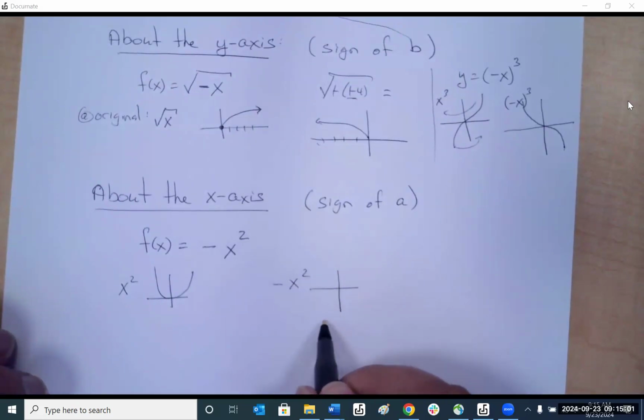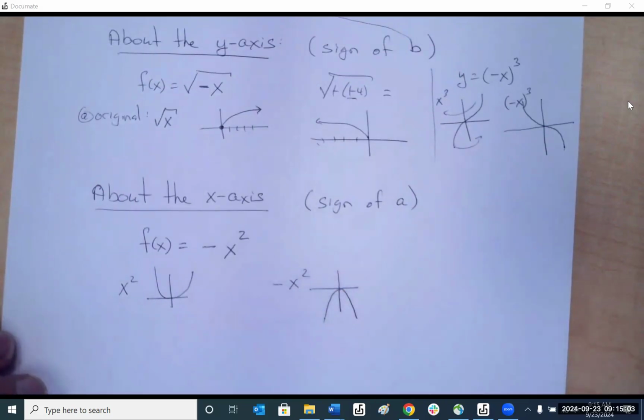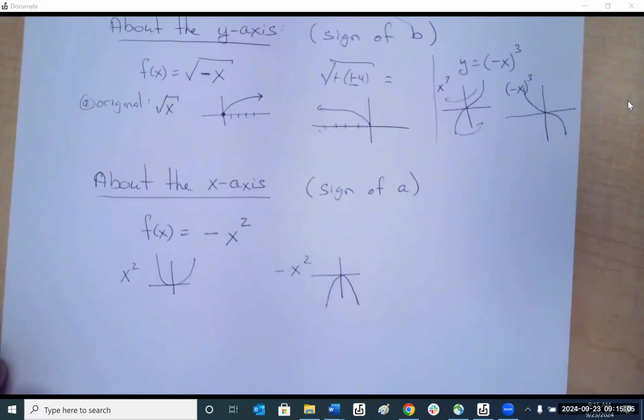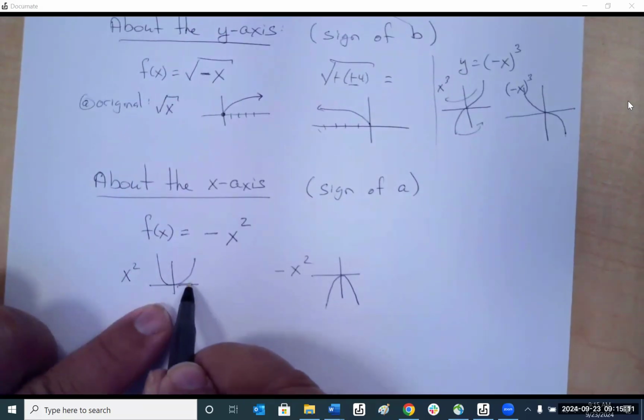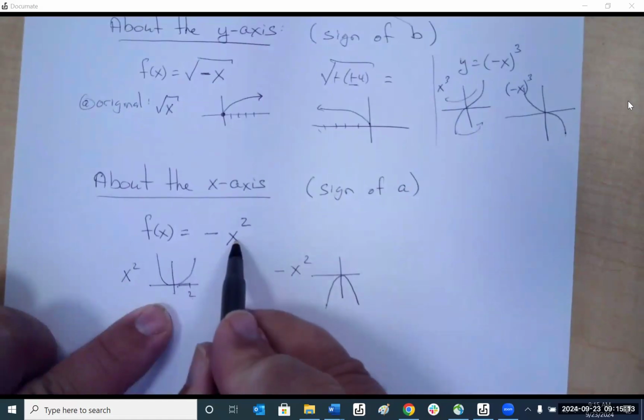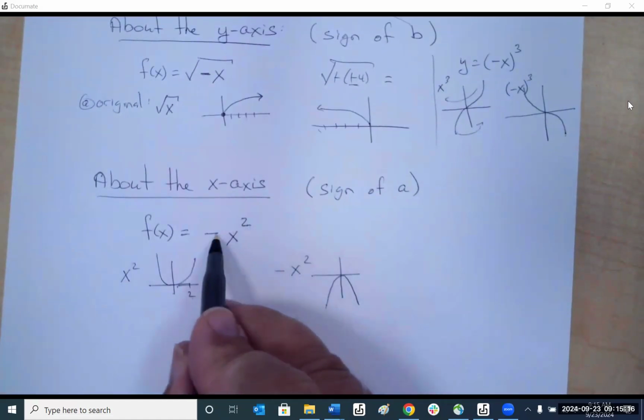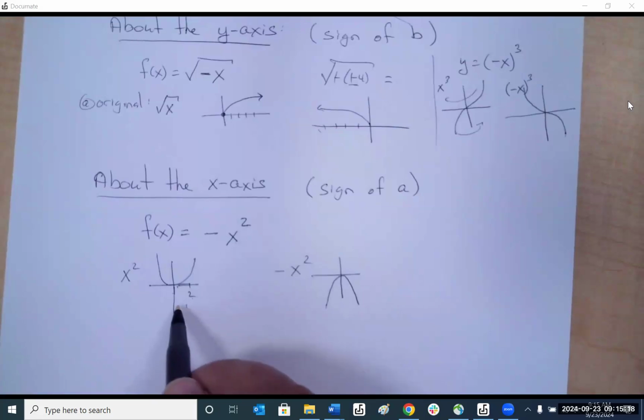Because the negative sign turns the y values from positive to negative. So I plug in an x value, let's say 2. 2 squared is 4, now it becomes negative 4, so I'm down here. So now my graph is upside down.